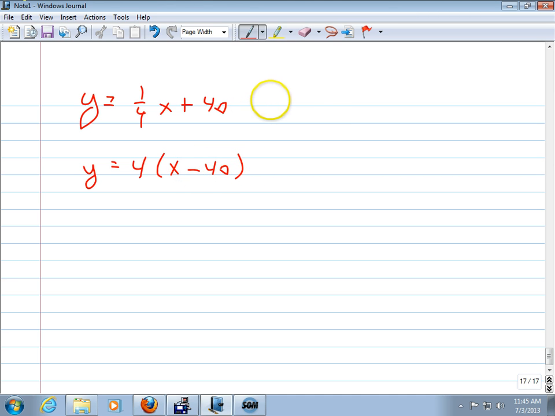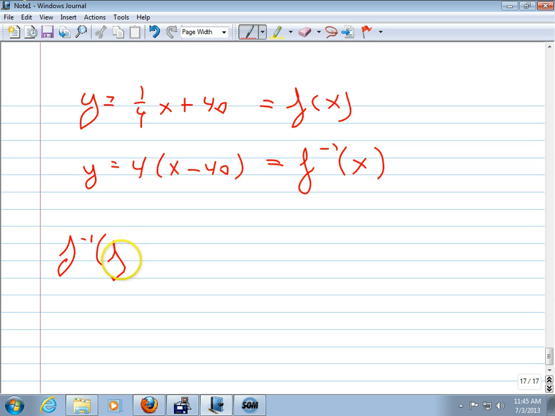Let's say this is f, and this is f inverse. But notice the confusion here. x is the temperature here, and x is the chirp rate here. That's confusing. But if you want to figure out f inverse of f of x, how do you do it? You take f of x, which is 1/4 x plus 40, and plug it into where?